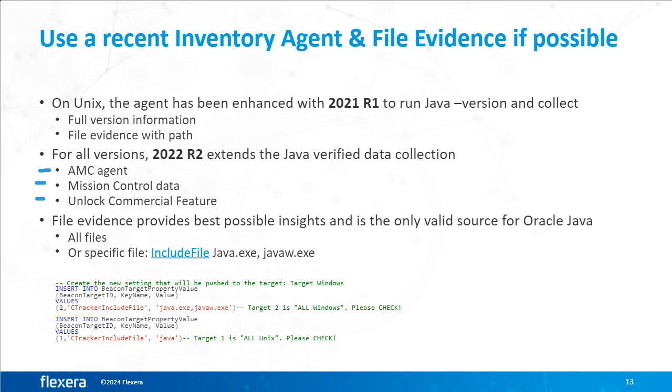Here's the version, and the other thing is back in 21, and this is maybe also interesting, we identified how important the version and all this stuff is, especially on Linux, Unix. So we introduced this capability 1.5 years before, right? So it was 21R1.